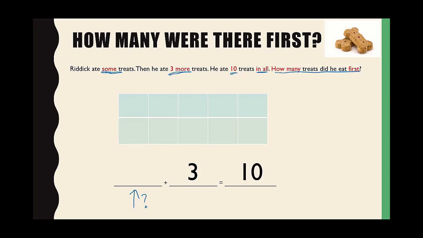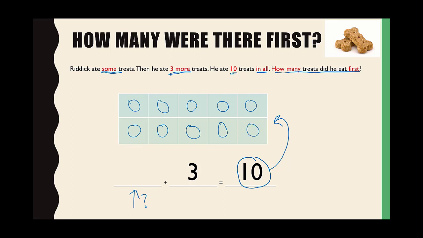And if I want to know how many treats he ate first, I'm going to take my in all number. I'm going to put it into my 10 frame. 1, 2, 3, 4, 5, 6, 7, 8, 9, 10. And then I'm going to take the number that I added. I'm going to count out a group of that number from my 10 frame. So 1, 2, 3.